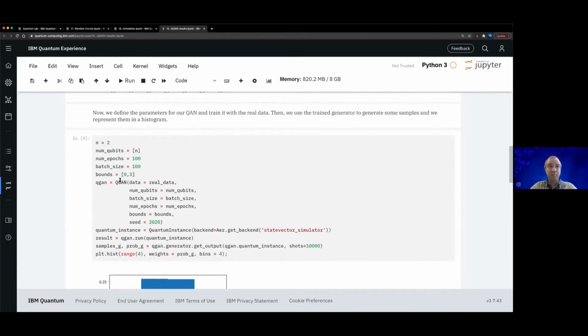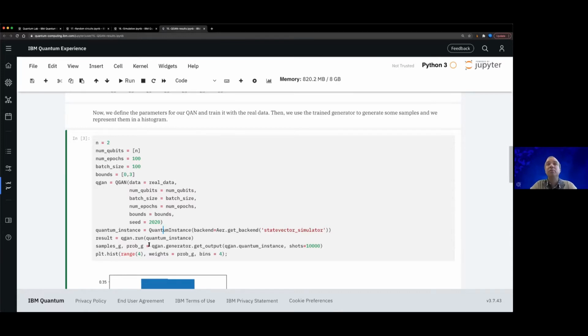Now what I can do is to use the implementation in Aqua for the QGAN and define what is the real data that I'm going to use, the number of qubits, how many examples I want to use in each of the phases of the epochs in which we train the generator and the discriminator, what is the number of times that I'm going to train the discriminator and the generator, and these bounds which are needed in order to know what is the lowest value that is supposed to be generated and the highest value that is going to be generated.